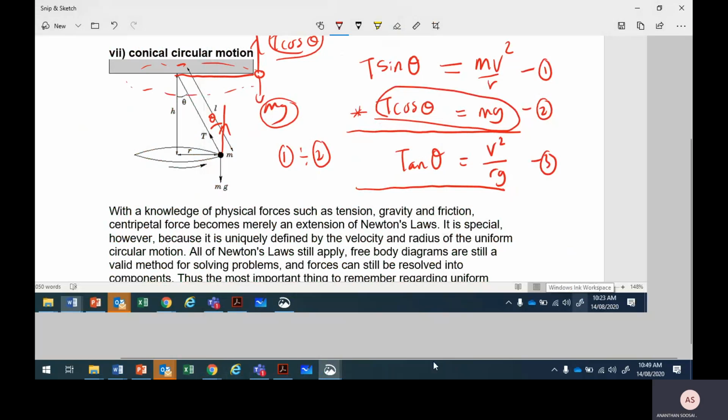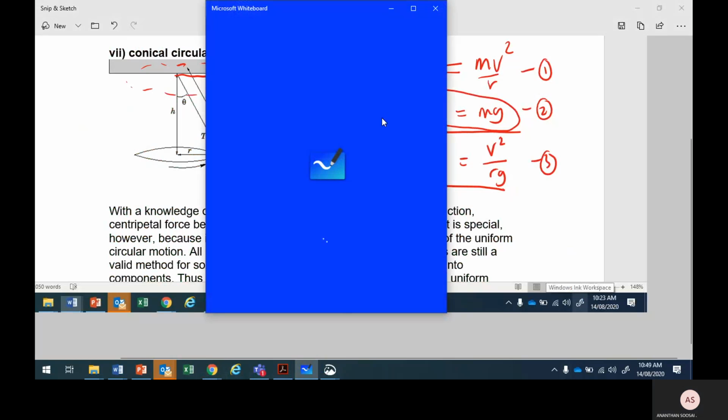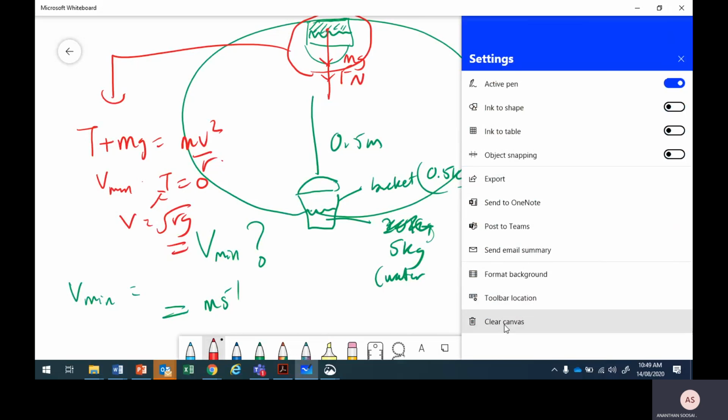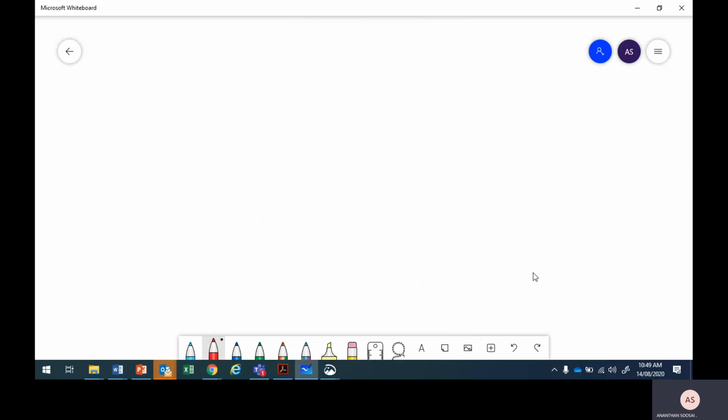Where is it? Oh, whiteboard. Okay, this is L. You see, this length is L. It was moved up to reach the top.